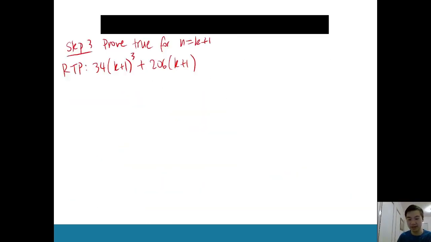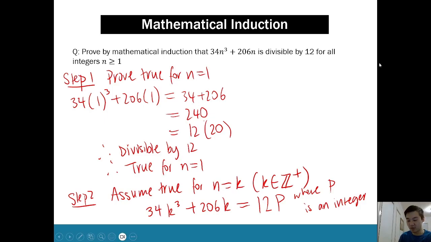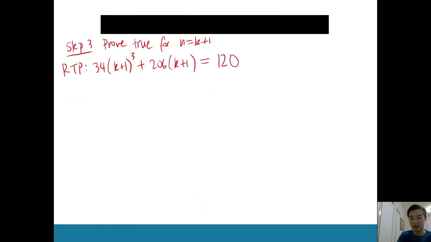So this is going to be divisible by 12. So I'm required to prove that this is going to be 12 times another letter. Because I already used p, I'm just going to use a different letter, q, and I'm also going to specify that q is an integer.